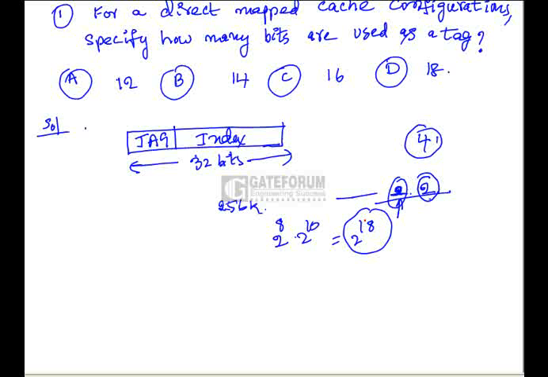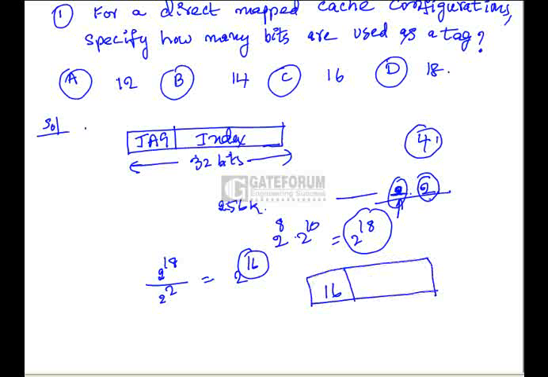In each block there are 4 words, so we divide 2 power 18 by 4, that is 2 power 2. That means the number of blocks will be represented with 16 bits. Because it is direct mapped, there is no associative, no set associative, it is directly mapped, so it depends upon the number of blocks. So the number of blocks is 2 power 16.